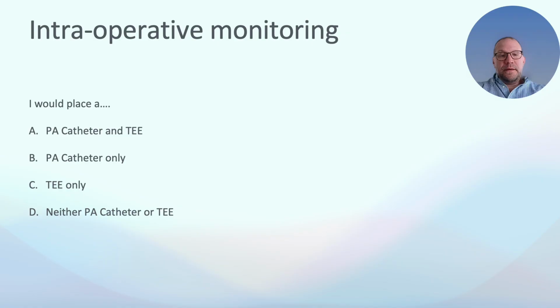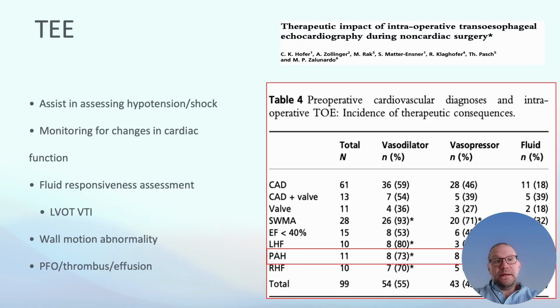I think in looking at TEE, this article from Hoffer et al. looked at preoperative diagnoses in TOE, so transesophageal echo, and therapeutic consequences, right? But what can TEE assist me in, right?